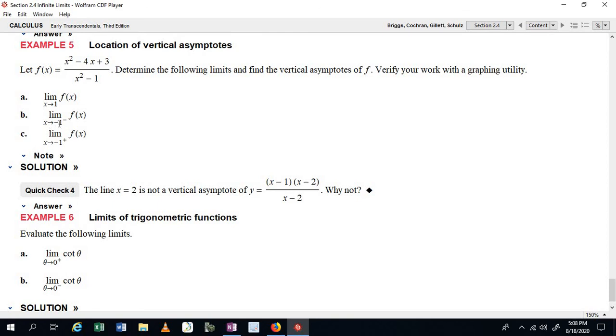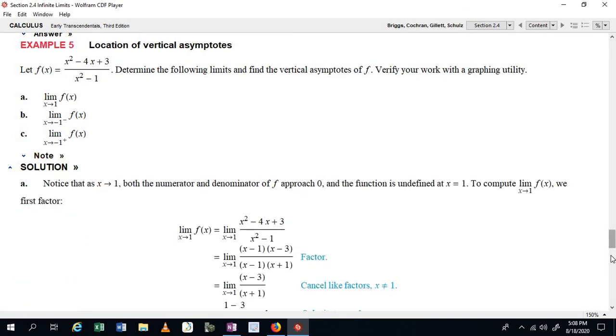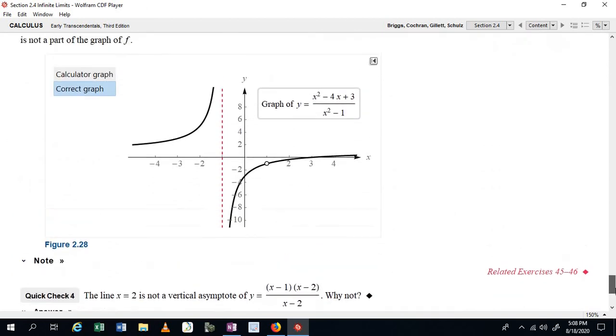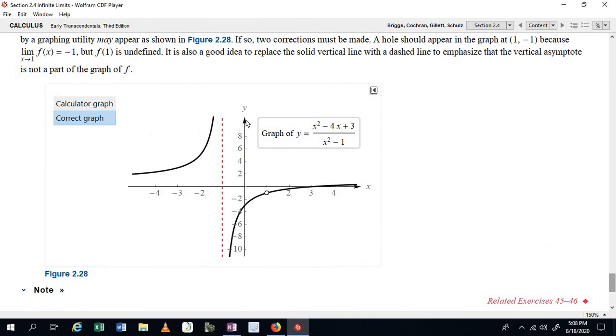So we're going to approach -1 from the negative side. If we can show this is equal to plus or minus infinity, then that, by definition, says that x equals -1 is a vertical asymptote. So let's see. Probably the best way to evaluate this limit is to graph this. So the graph of this function looks like this.